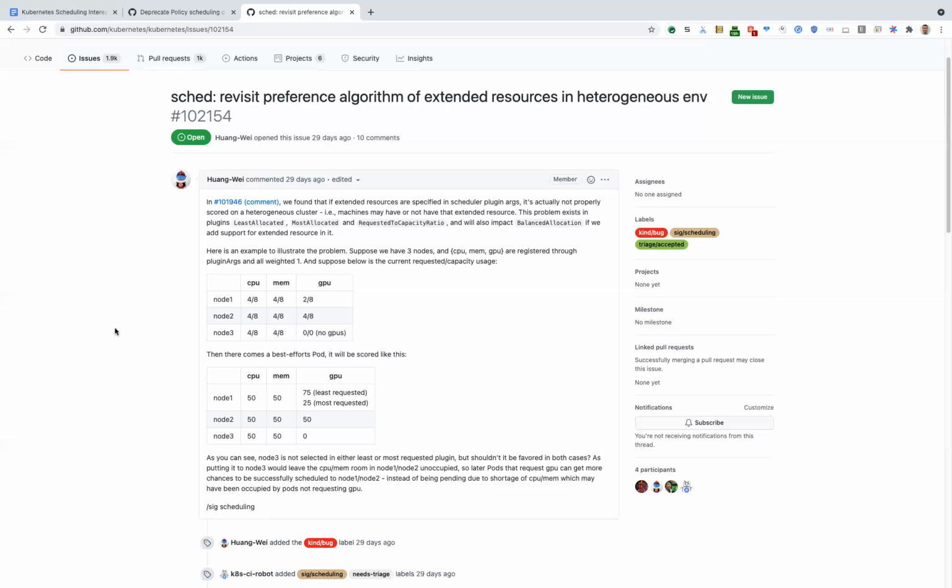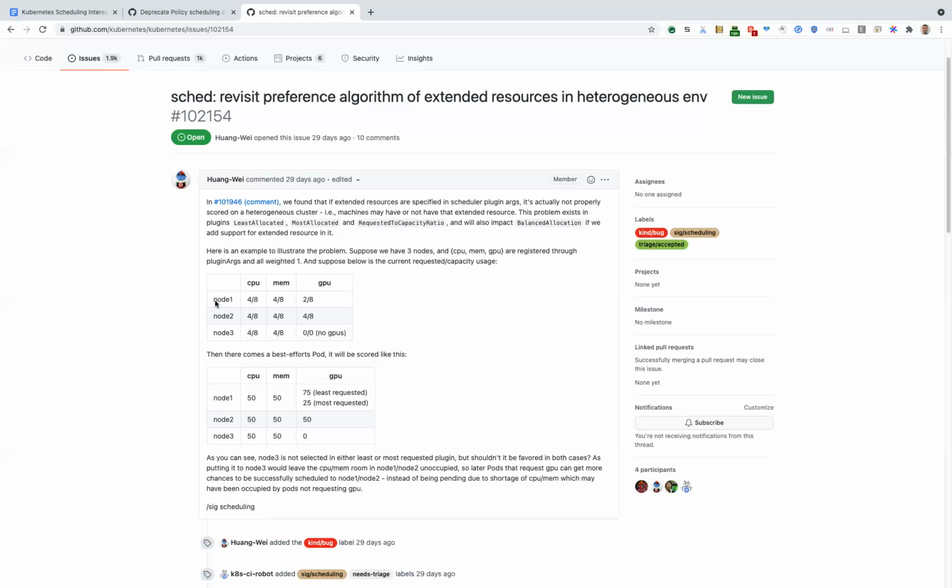Yes, we don't. And if they do, just to reiterate what he says to make sure that I'm summarizing it correctly: if an extended resource doesn't exist on an eligible node, that node would be scored lower for the pod. Is that true? Yes, for the pod that doesn't request this resource.